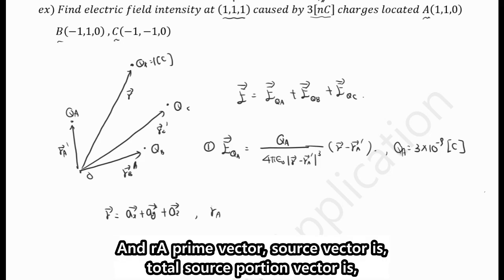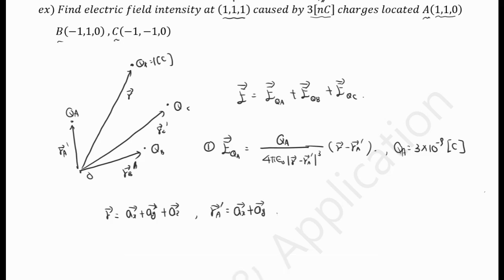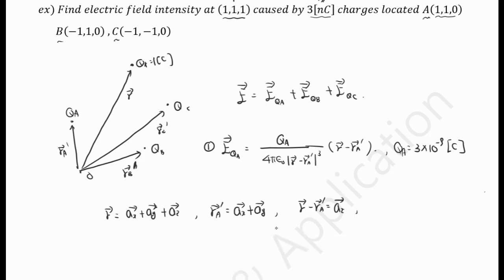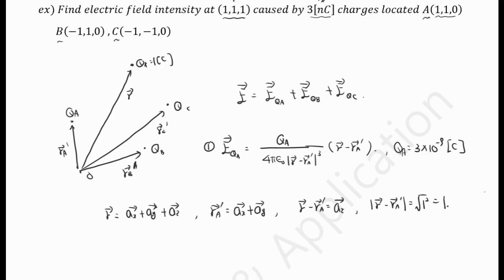RA prime vector, the source position vector, is AX plus AY. So R vector minus RA prime vector is AZ vector, and the magnitude of R vector minus RA prime vector is the square root of 1 squared, which is 1.